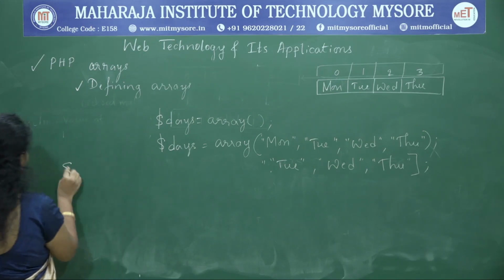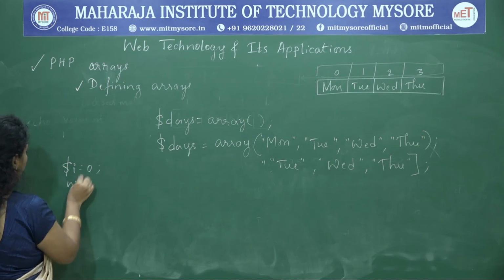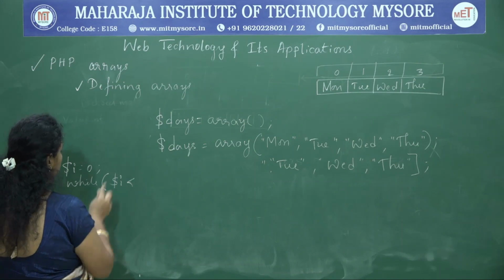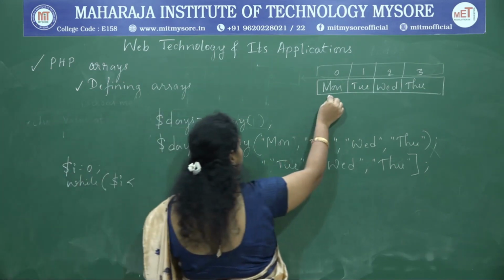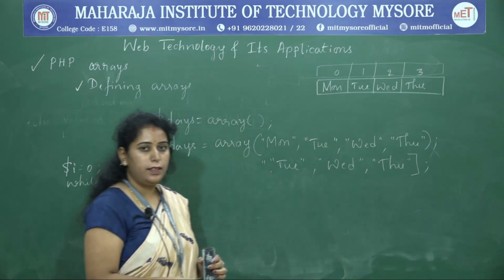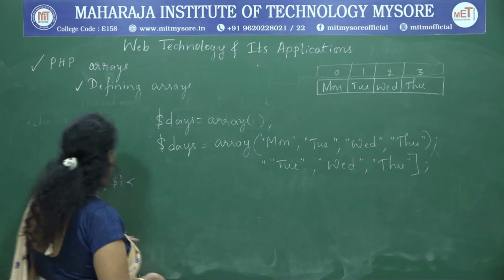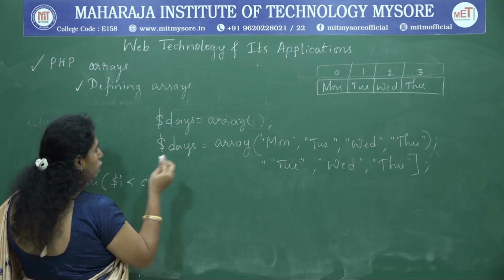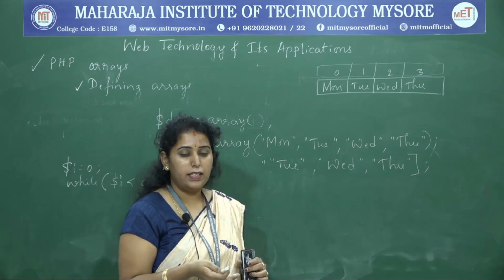Okay. Loop means I have to declare one looping variable, while I have to give the condition, I is set to 0. Since it is the array key, alternatively it can be called key or index. Now I is 0, I is less than, I do not know, since this is a dynamic array, its size varies, right?